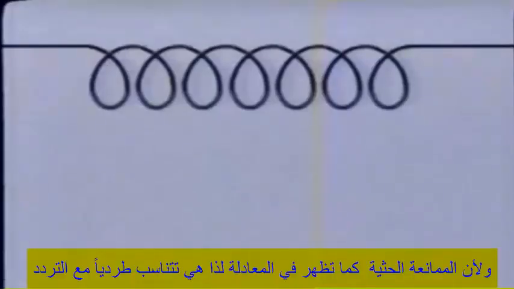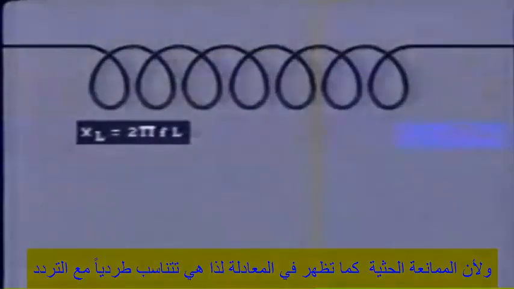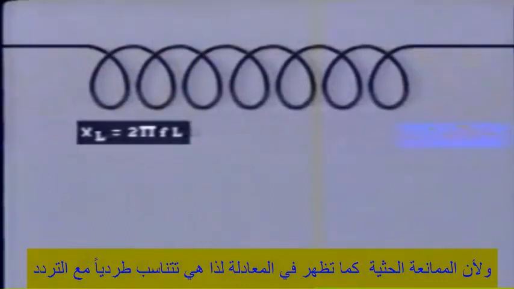The value of inductor chosen is usually quite small, about 2 millihenries. You will remember that inductive reactance is calculated from the formula XL equals 2 pi FL, so it is proportional to frequency.